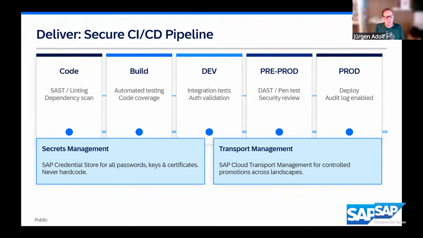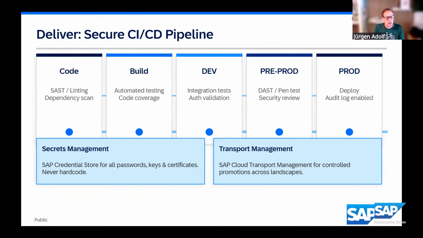And in the pre-prod stage, dynamic application security testing and a full security review happen before the app is going to production. And in production, the deployment is clean and the audit logging is enabled from the first request. Then you can watch it via the audit logging. So that's the CI/CD pipeline from a security perspective.